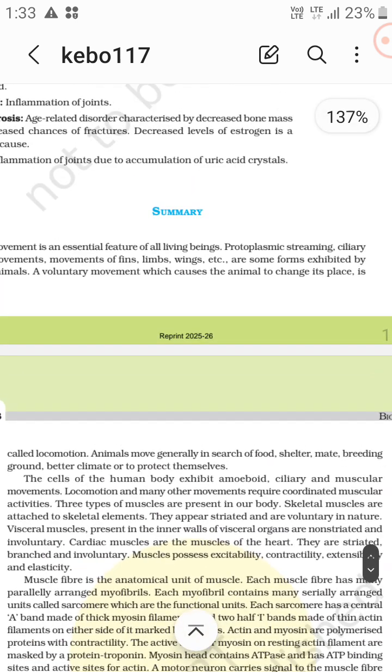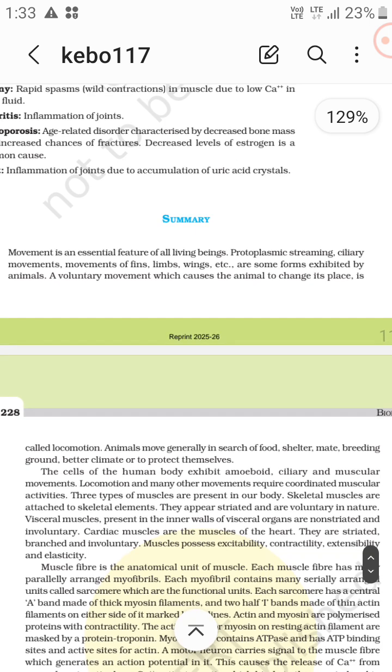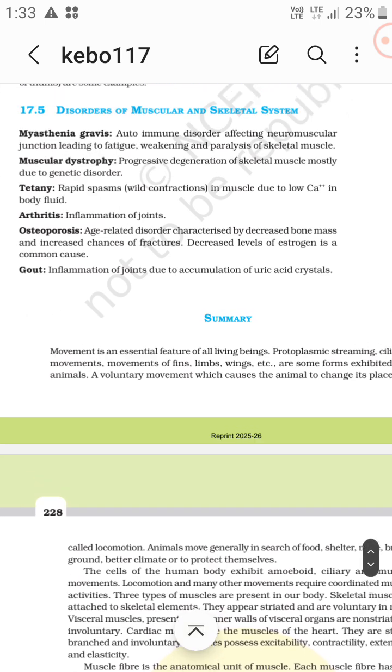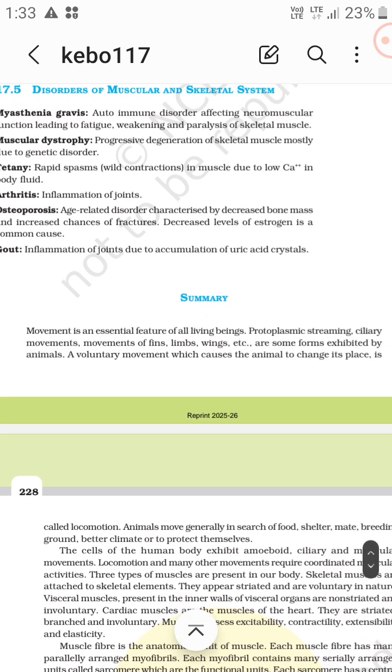Protoplasmic streaming, then ciliary movements, then movements of fins, limbs and wings, etc. are some forms exhibited by the animals.